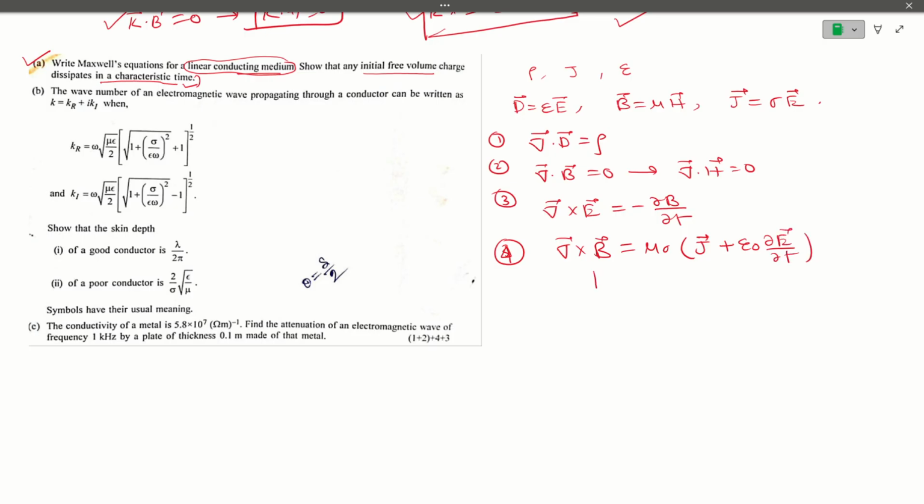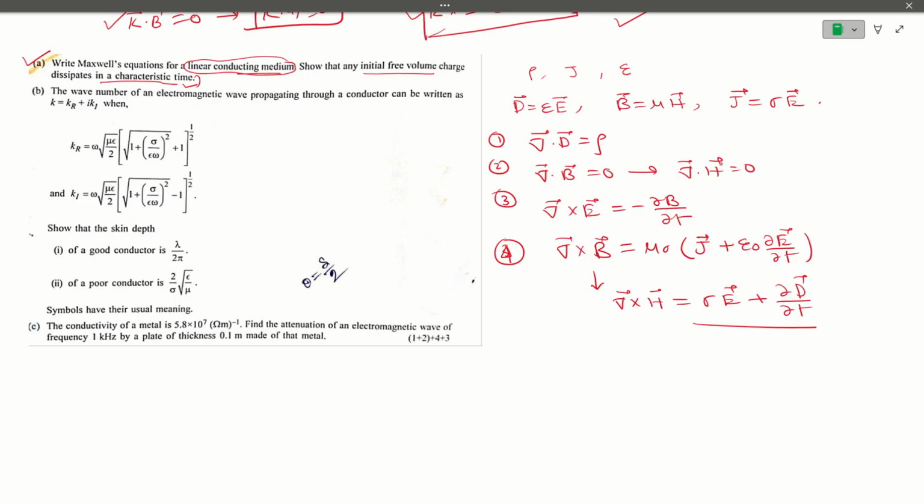We can write this also in terms of H, that is curl H. Here is mu naught, so mu naught on both sides cancels, then we get J as sigma times E plus del D del T. Okay. So this is the expression here basically.